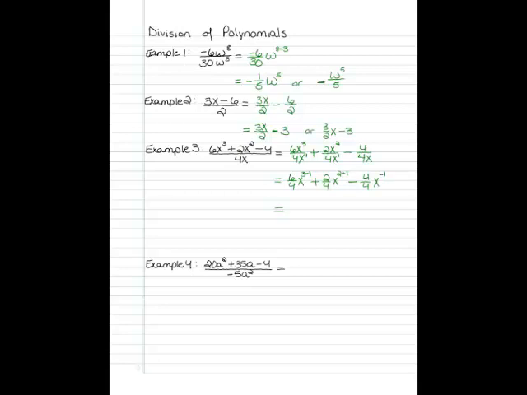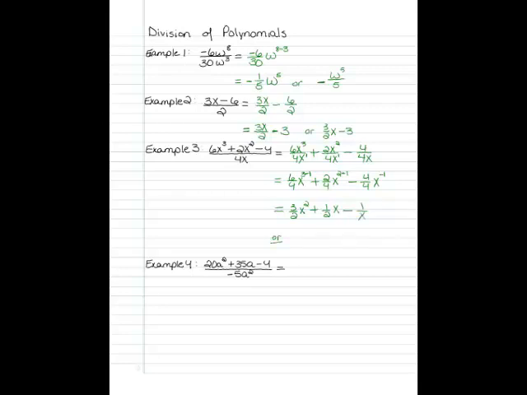Working with each of these, 6 over 4 reduces to 3/2 x squared plus 1/2 x to the first, or just x, minus 4 over 4 is 1, x to the negative 1. I'm just going to rewrite that as 1 over x.